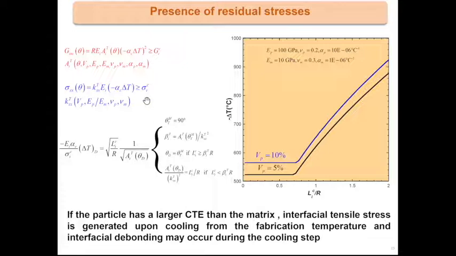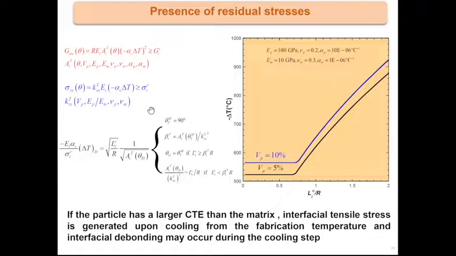You just have to write the stress condition. Here, the loading is the temperature change. So you have a stress concentration factor, which does not depend on the angle, of course, because the loading is hydrostatic. And for the energy condition, you have a new incremental energy release rate due to this new kind of loading.